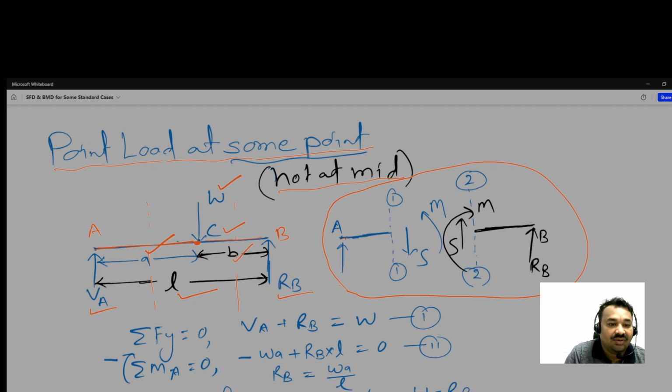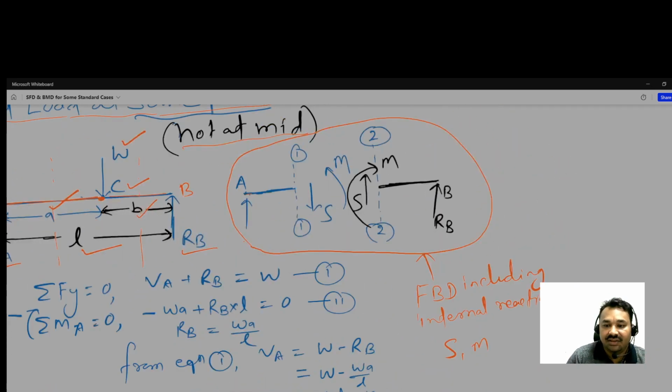In this FBD, we removed the supports, and this FBD includes the internal reactions, meaning shear force and moment.